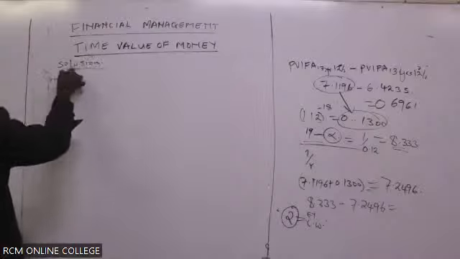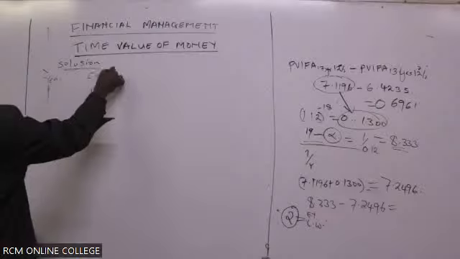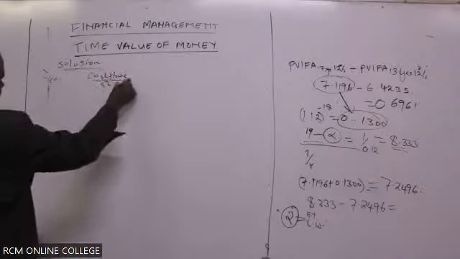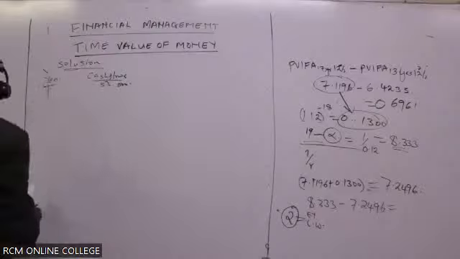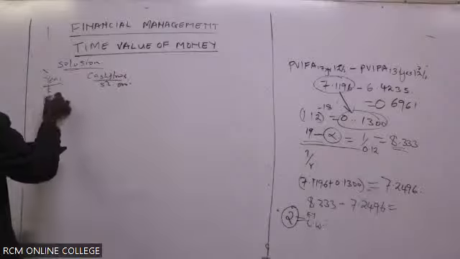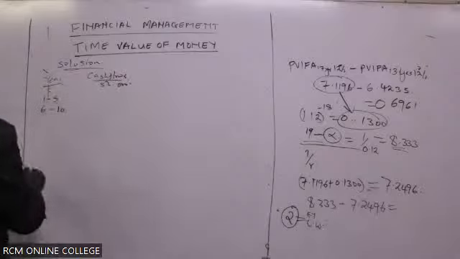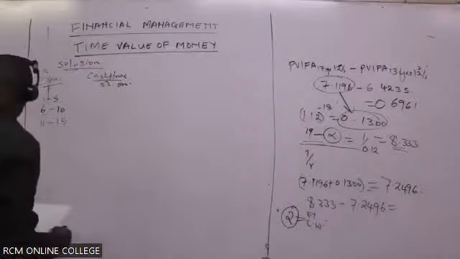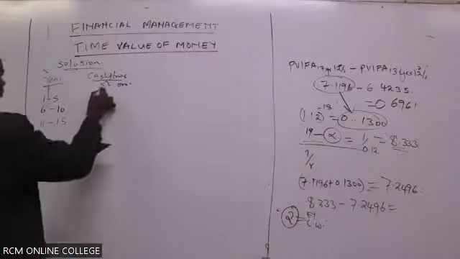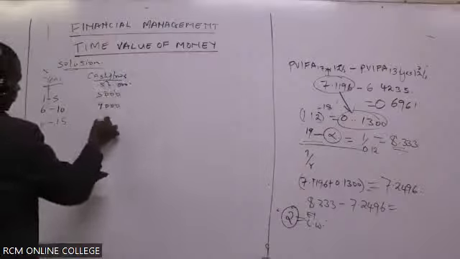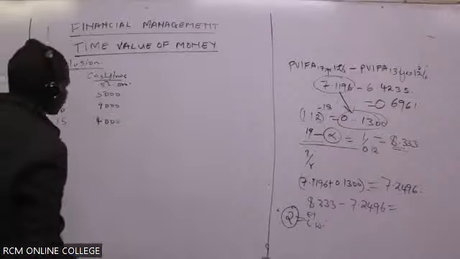Having here, then cash flow, and the shillings are in 1,000. So here we are having years 1 to 5, 6 to 10, 11 to 15, and 594.